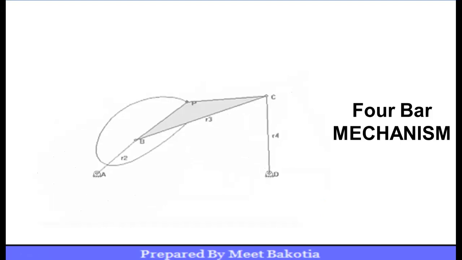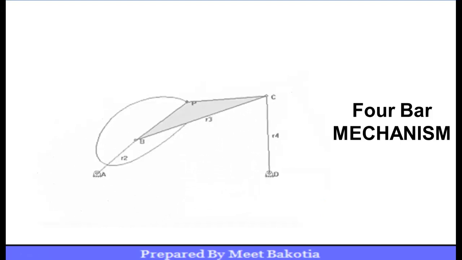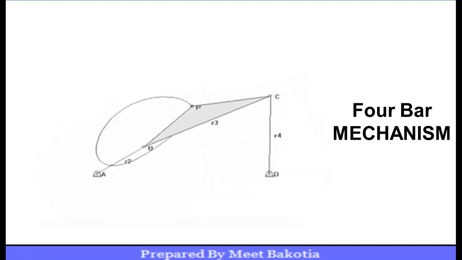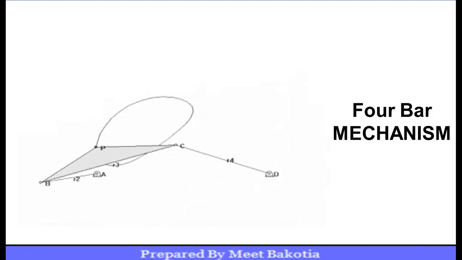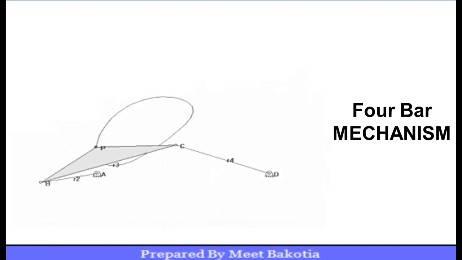You can see, link 1 is the fixed link, that is the frame link. Here you can see AD is the frame link. Link 2, the crank, is that link which has completely rotary motion.